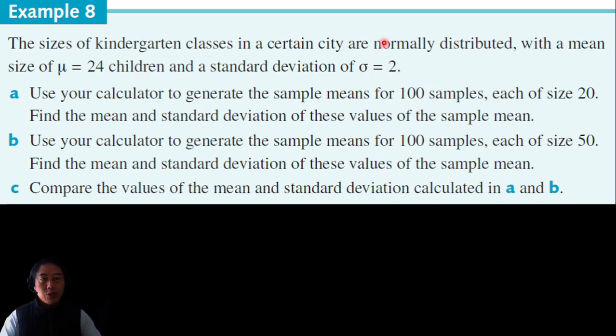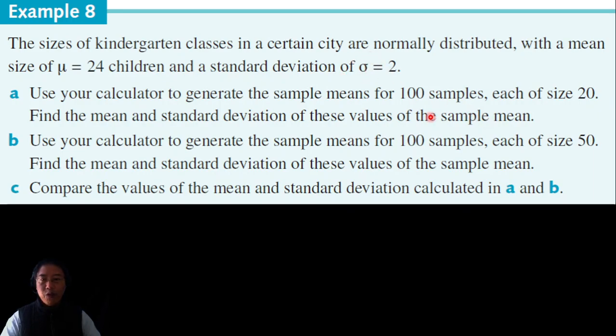Alright, so it's normally distributed. We'll see the function in a minute. The mean is mu. So that notation mu is for the original random variable. We're not at the sample mean and its distribution yet. We start with the original data and its standard deviation.